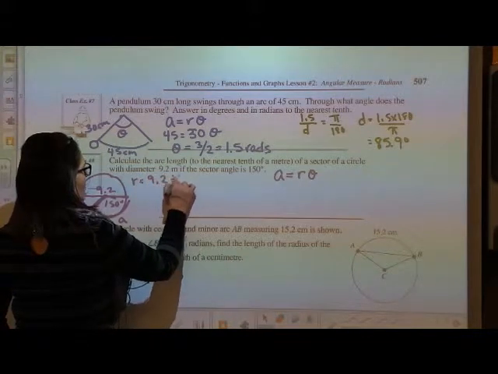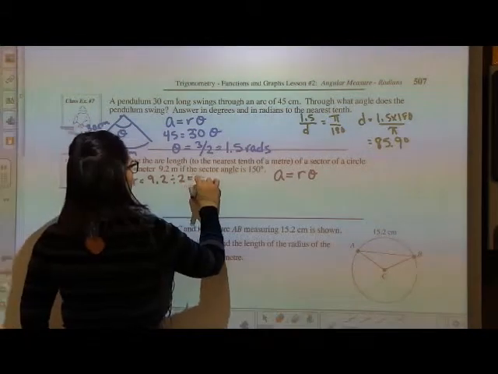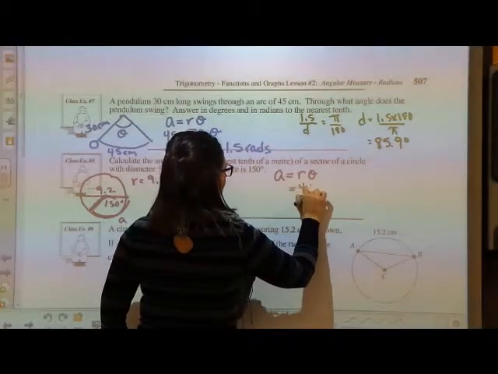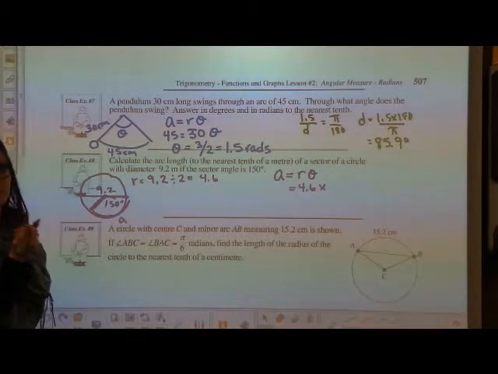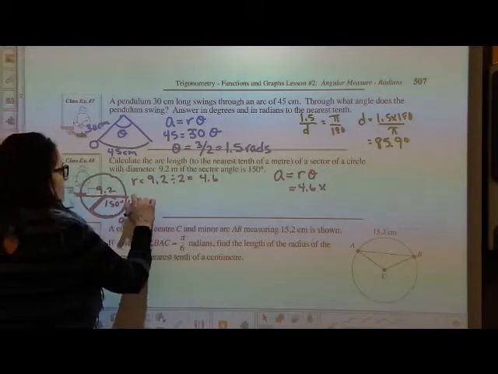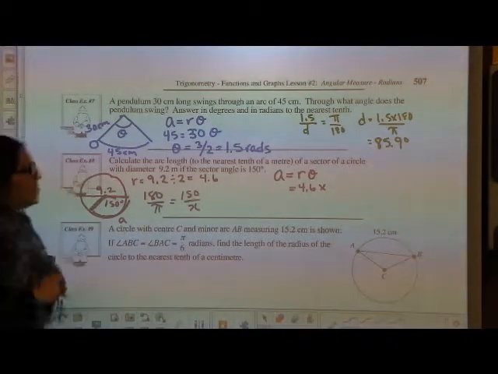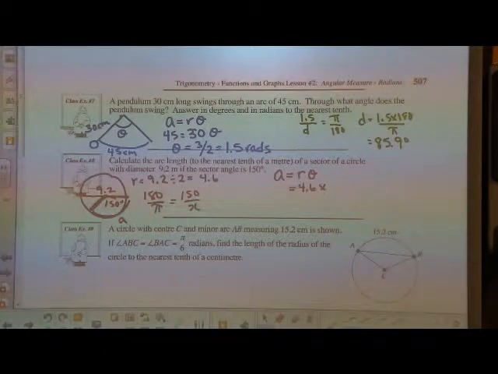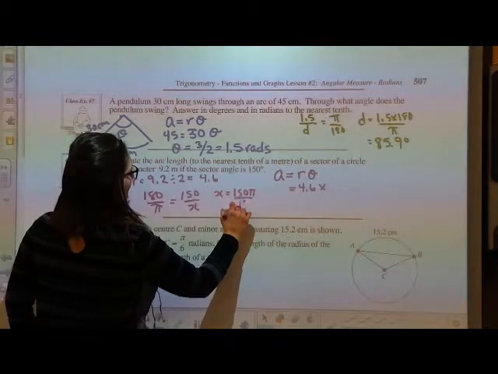So r is 9.2 divided in half, which is 4.6. What about theta? You have it in degrees, but you need to change it to radians. So how do I change it into radians? 180 over pi equals 150 over x. So I get 150 pi over 180.